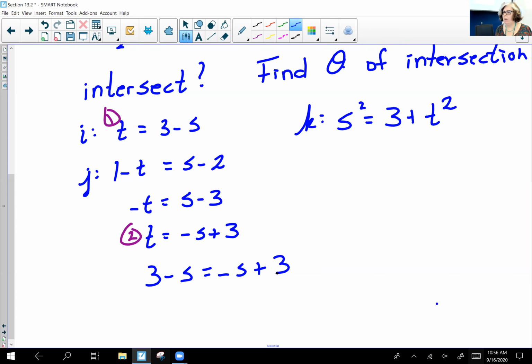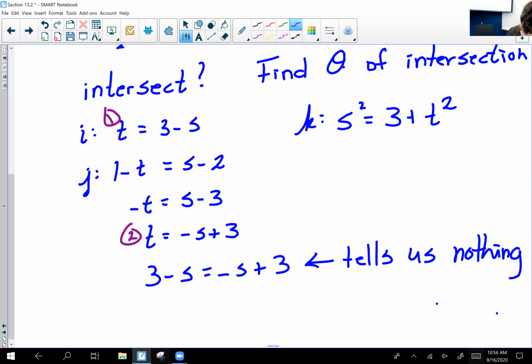Do we get anywhere with that? No. So this tells us nothing. Instead, let's look at the i and the k component.